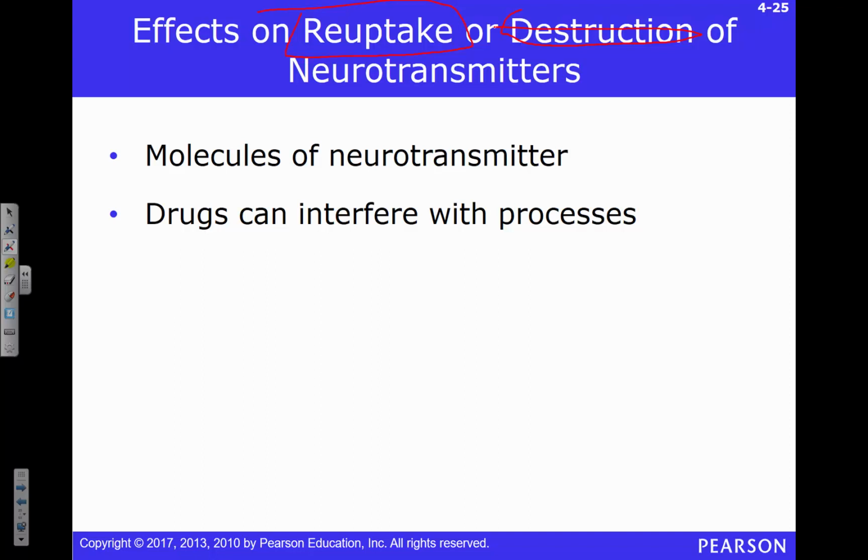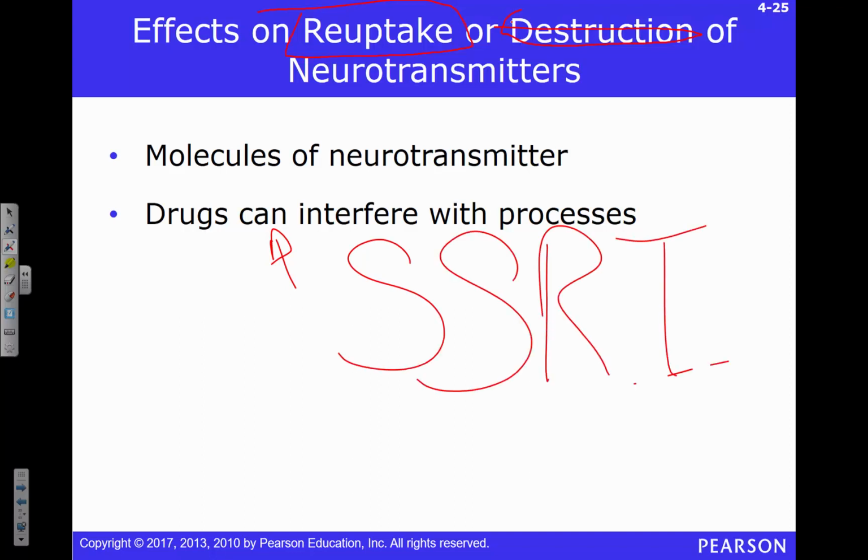Okay? Normal process. Drugs can interfere with that process. A particular class of drugs that interferes with that reuptake process is referred to as SSRIs. That's selective serotonin reuptake inhibitor.